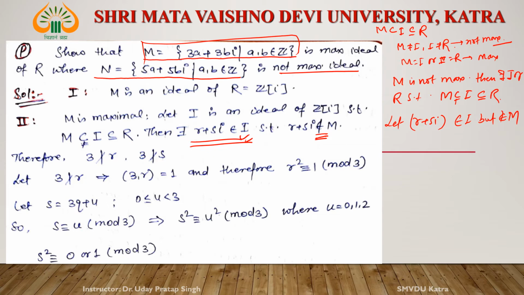Capital M contains all the elements of 3A + 3B, so all the elements in M must be divisible by 3. Since R + SI does not belong to M, 3 does not divide R or 3 does not divide S.